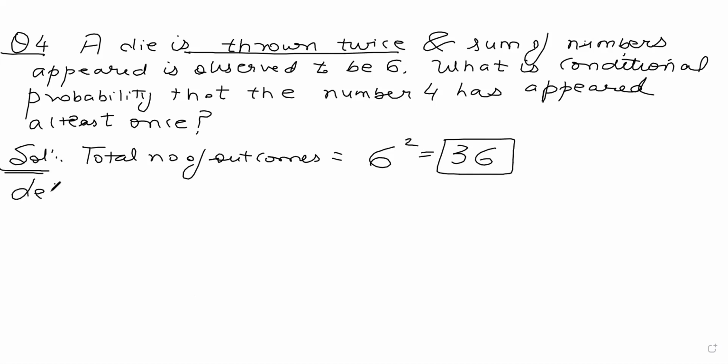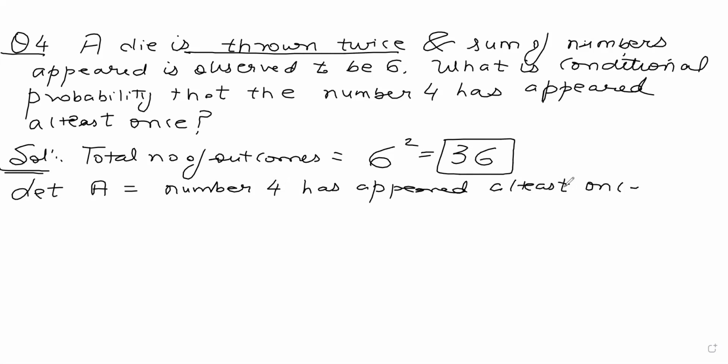Now let A denote the event that the number 4 has appeared at least once, and let B denote the event that the sum of the numbers is observed to be 6.